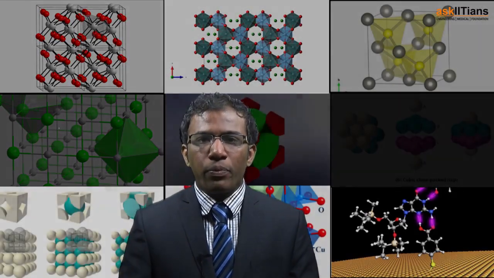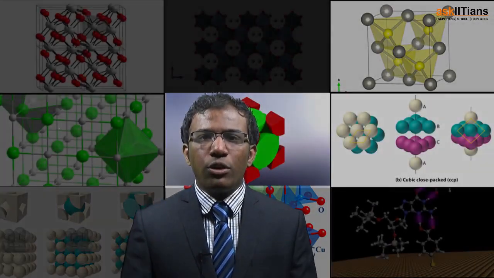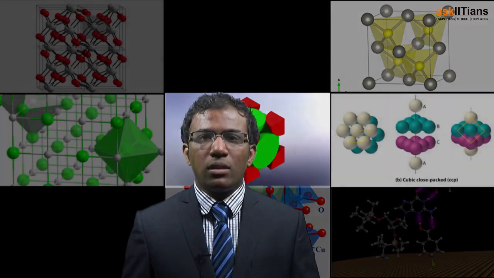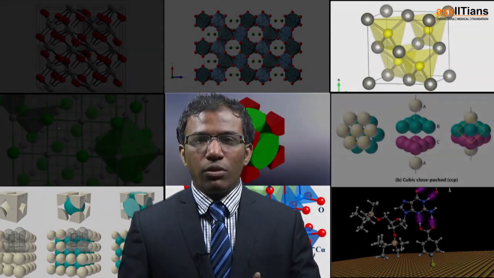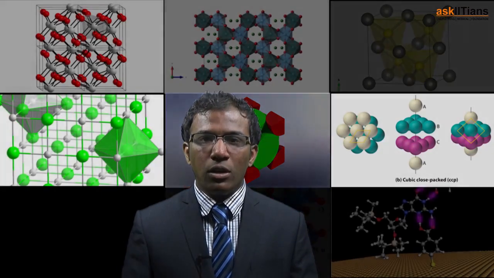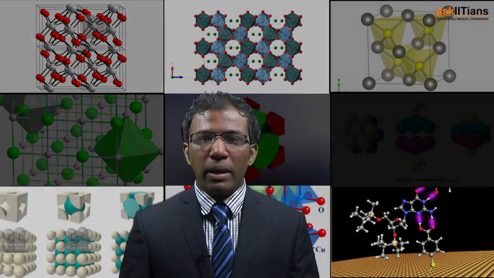So now, how efficiently can you pack the particles in the volume given to you? That is, we are going to discuss packing efficiency in our next part. So to know more about packing efficiency, keep watching for my next part.